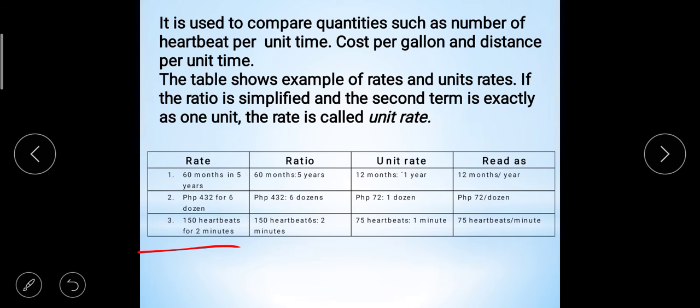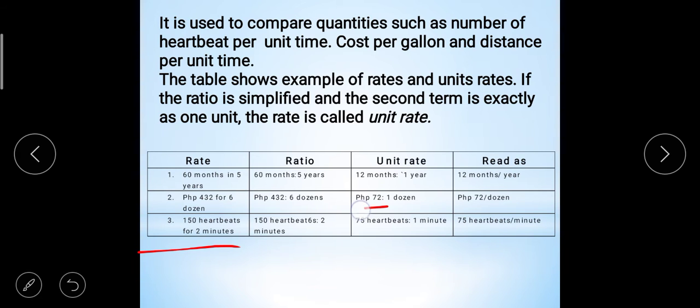We need to identify the common factor to be used as a divisor for the two quantities. So we have two quantities, di ba? 150 heartbeats and then 2 minutes. So that is our two quantities. So what is the common factor na pwede nating gamitin?